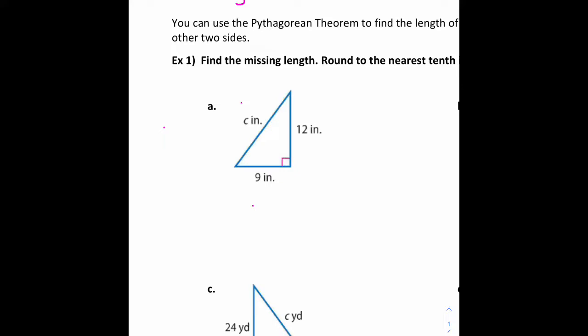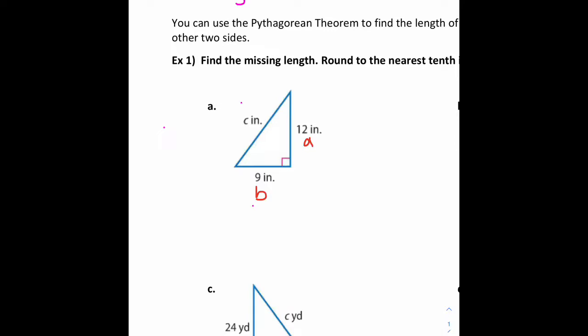So we can let A be 12, or we can let A be 9. Same with B. It doesn't matter which one you denote as A and which one you denote as B. These two, though, are the legs because they make up the 90-degree angle. So let's say A is 12, and let's say B is 9. C then is our hypotenuse, which we do not know. So we're trying to figure out our hypotenuse.